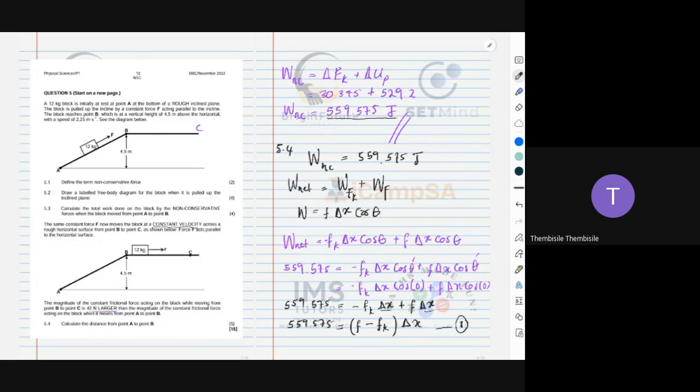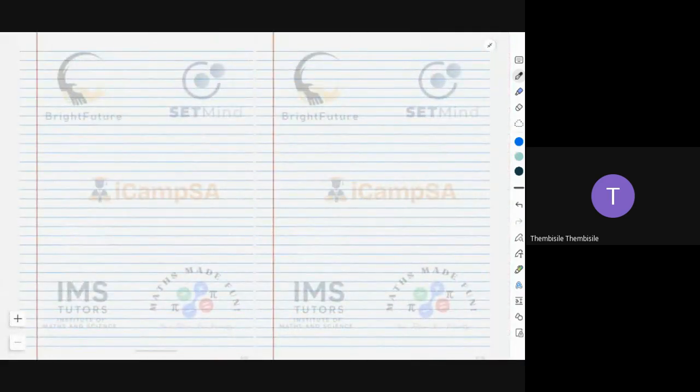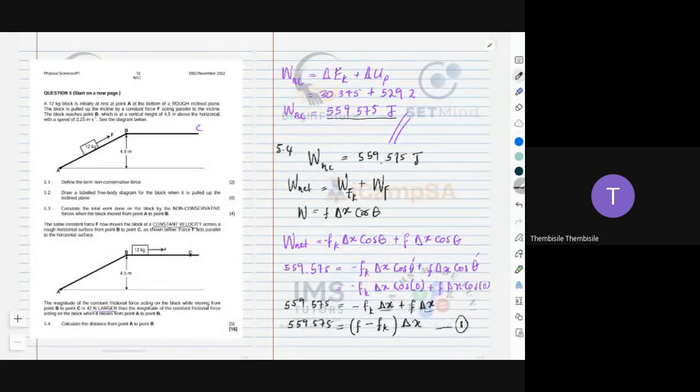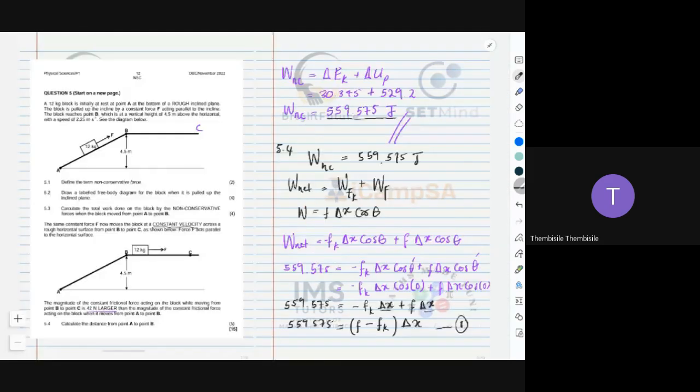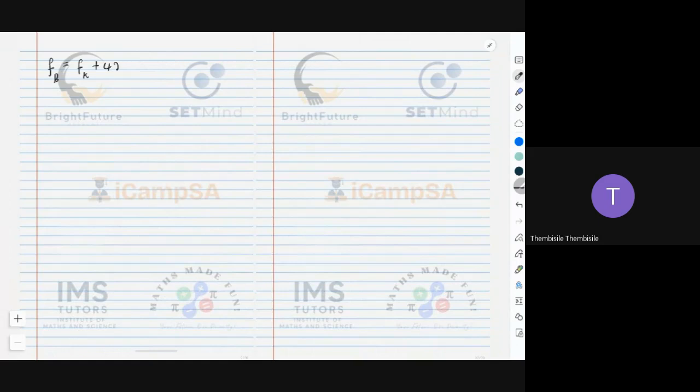Okay, so now let's move. Since we already know that this here is this one on the incline, then from point B to point C, they told us that the friction from B is going to be friction, which is from Fk, this one on this side, plus 42 newtons.